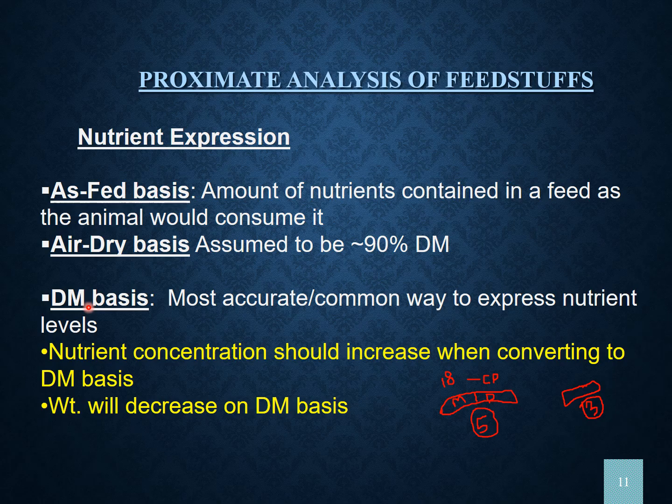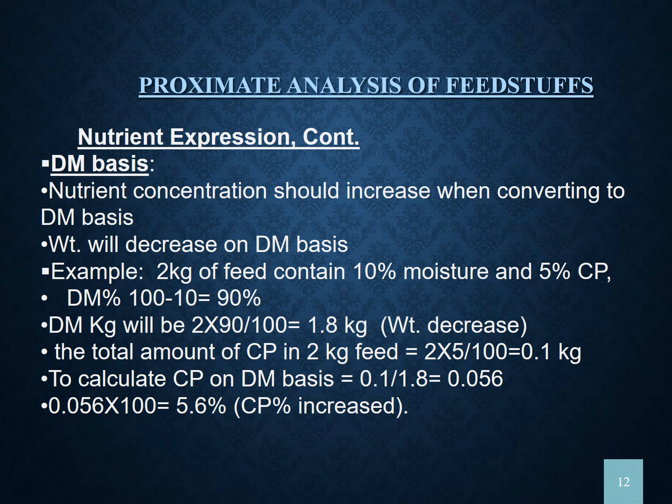And if you don't, after you get the percentage of a certain nutrient, you can just convert it to dry matter basis. I will show you how. Okay, we continue in nutrient expression.